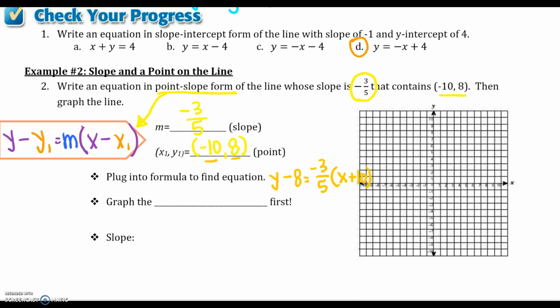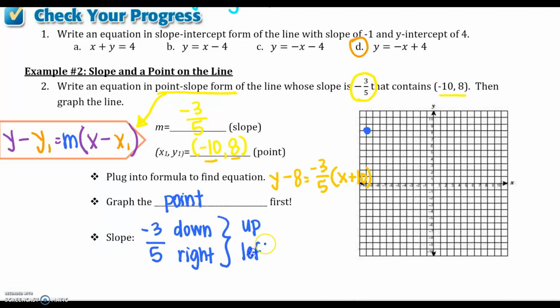So that's my equation. Then if I'm asked to graph, I'm going to graph my point first, then I'm going to graph my slope. So I'm going to go to -10 and then up 8 right here. And then I'm going to use my slope -3/5. So that means I'm going to go down 3, right 5, or I can go up 3 and left 5, because that would be a negative and that would be a positive.